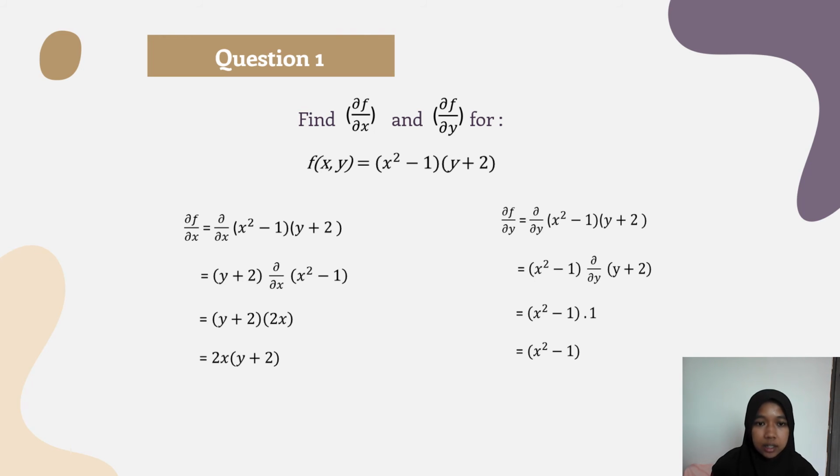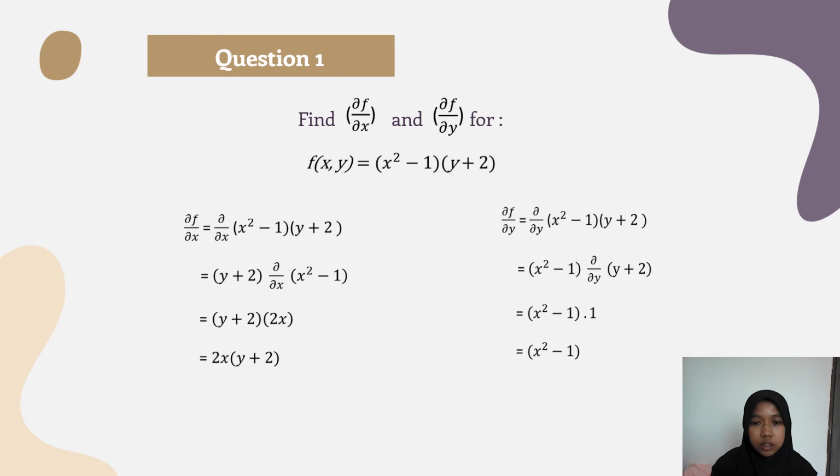At the back, we just differentiate x² - 1, and it becomes 2x. So the final answer is 2x(y + 2). We don't need to differentiate y + 2 because the question just needs ∂f/∂x.